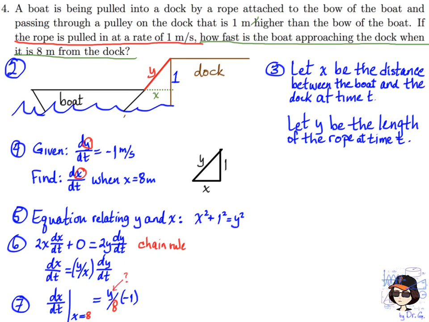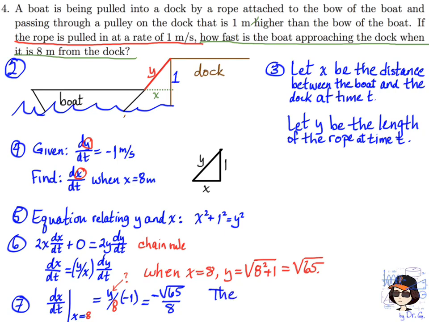So what are we going to put in for y? Well, we can use the Pythagorean Theorem again. When x is 8, y is going to be the square root of 8 squared plus 1, or square root of 65. So now we can write square root of 65 over 8 times negative 1. So negative square root of 65 over 8 is dx/dt when x is 8.